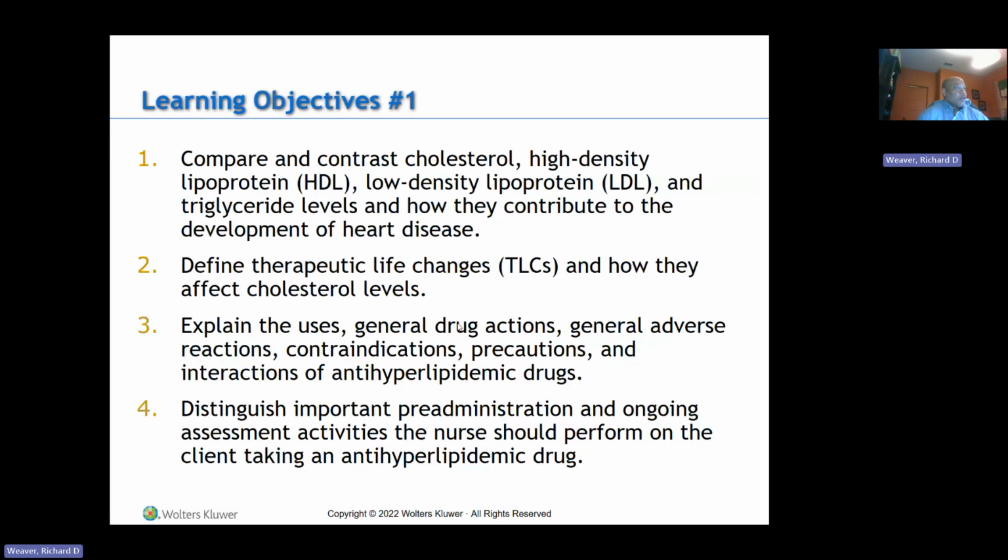Let's take a look at the objectives here. You should be able to, at the end of this presentation, compare and contrast cholesterol, your high density lipoproteins or HDLs. I'm sure you guys have heard of some of these before.